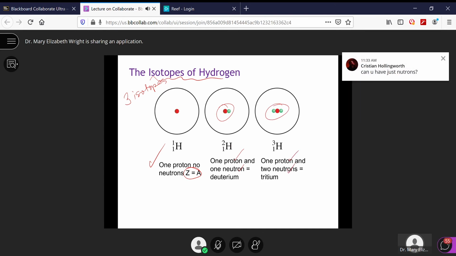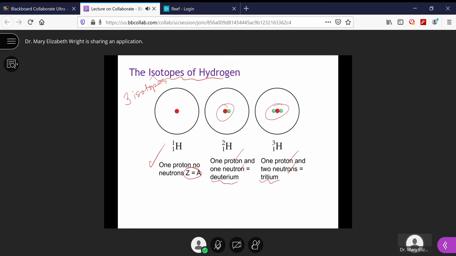This is called deuterium, and this is called tritium. So these are three different isotopes of hydrogen, just to give you an illustration of what it looks like in terms of the nucleus.